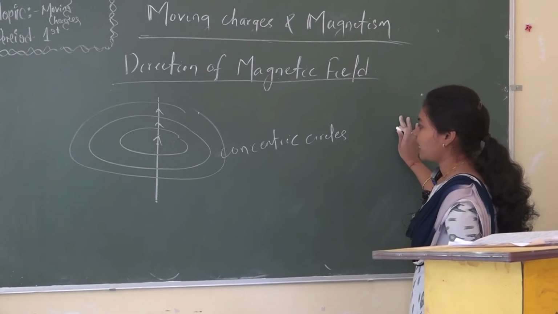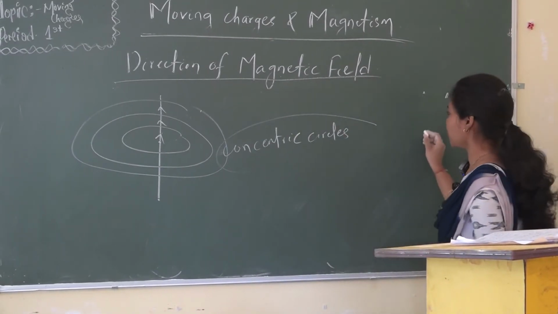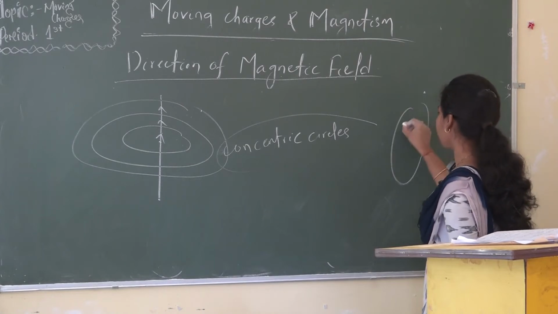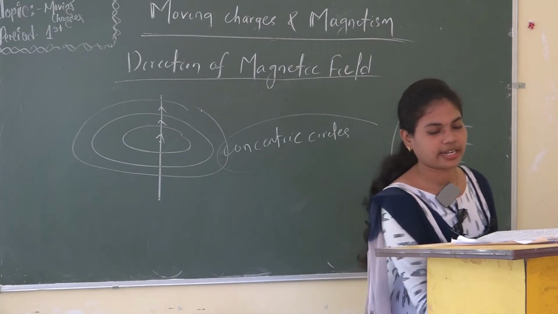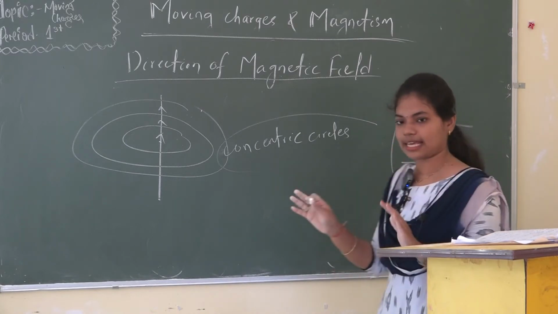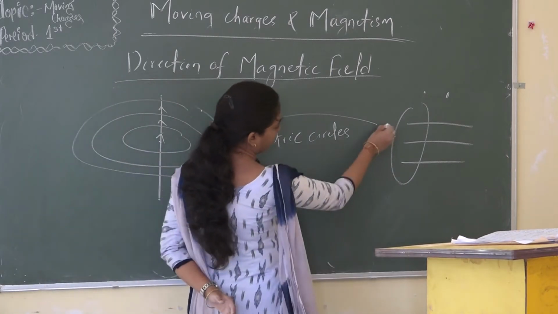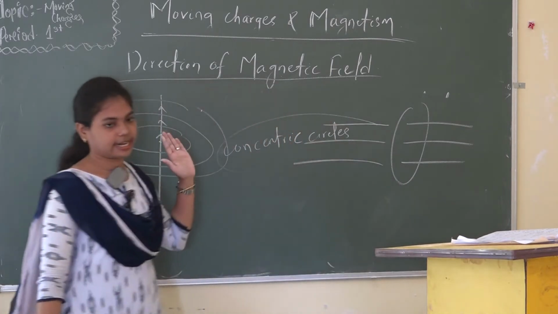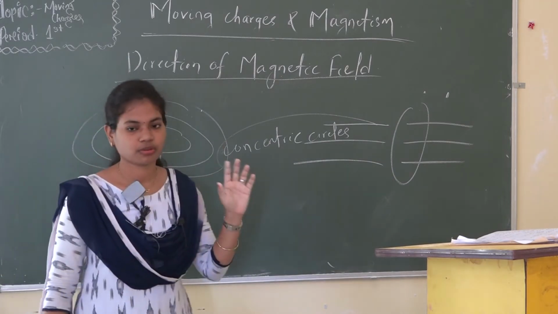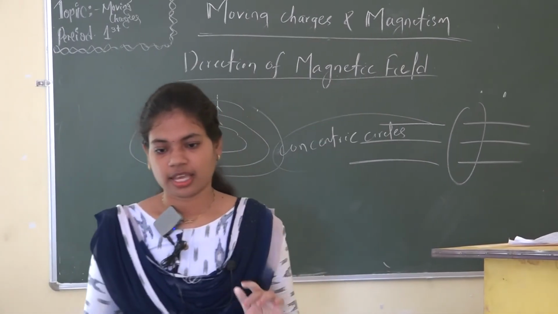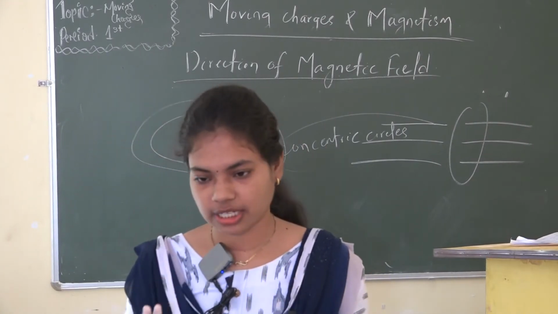In case of a straight wire carrying current, the direction of the magnetic field is in the form of concentric circles.